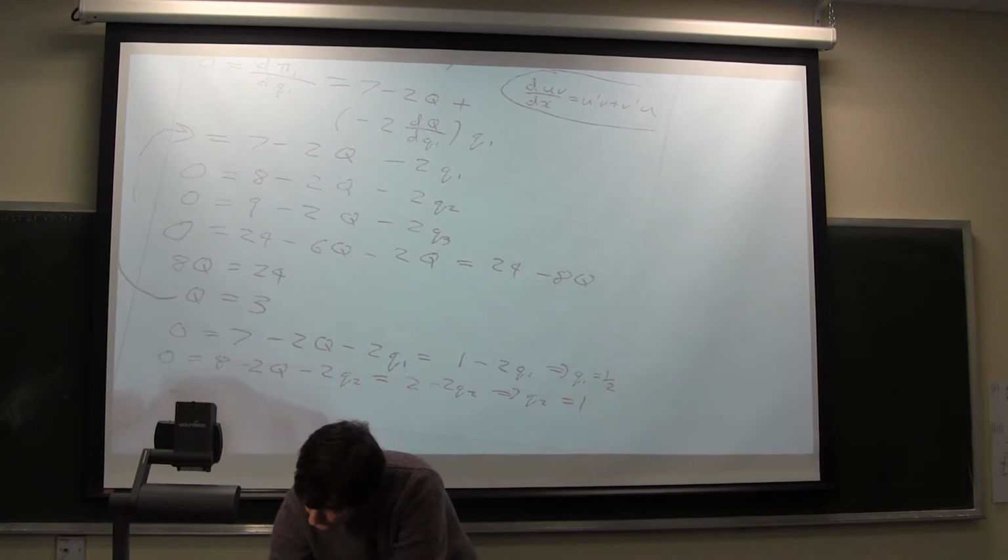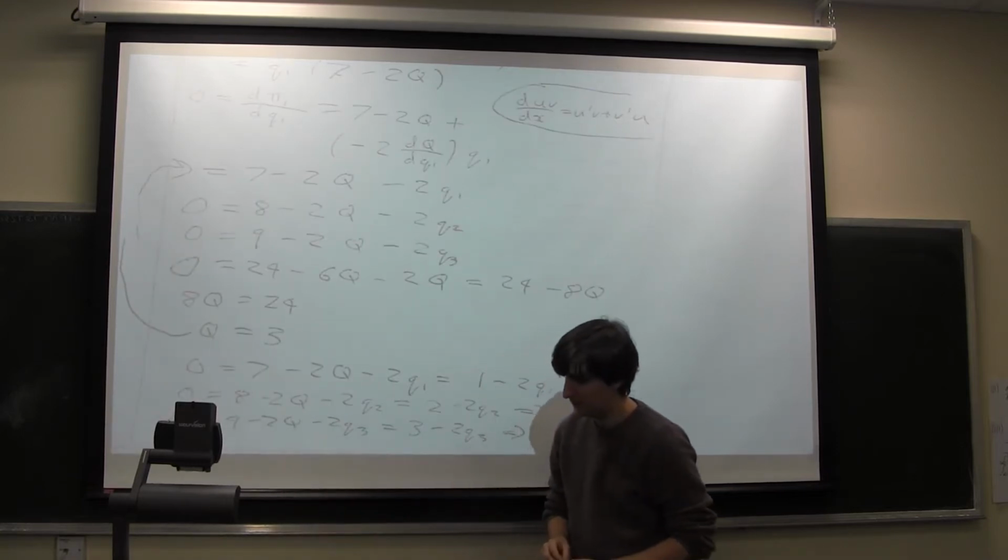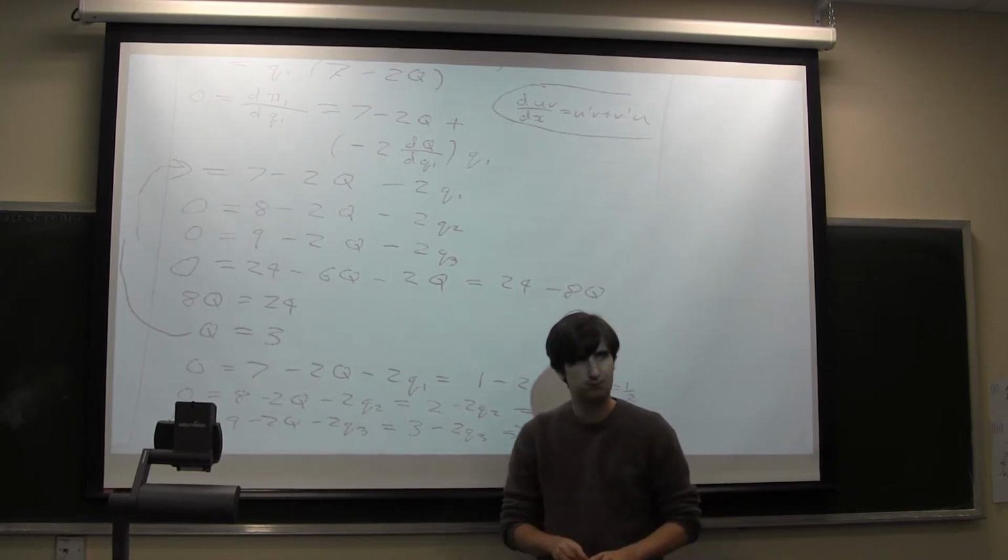For the third firm, 0 is 9 minus 2Q minus 2q3. 9 minus 6 is 3 minus 2q3, so q3 is 3 over 2.